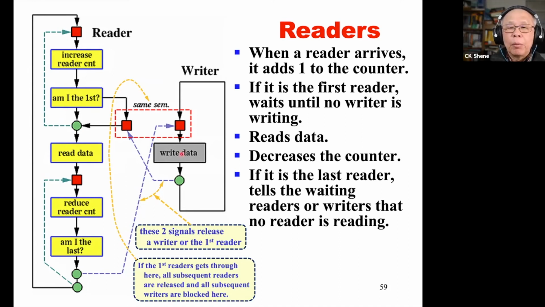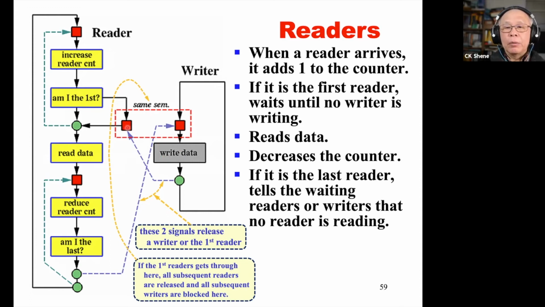So if the writer signals the semaphore, this signal could release the next writer, or it could release the first reader. We don't know which one will be released because the semaphore waiting set is not ordered.